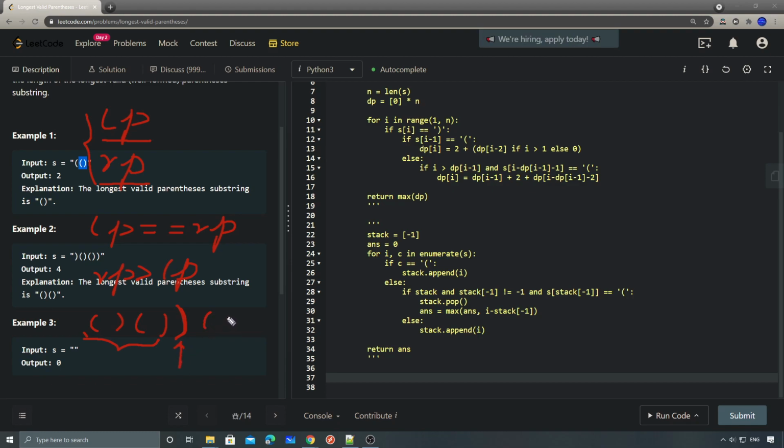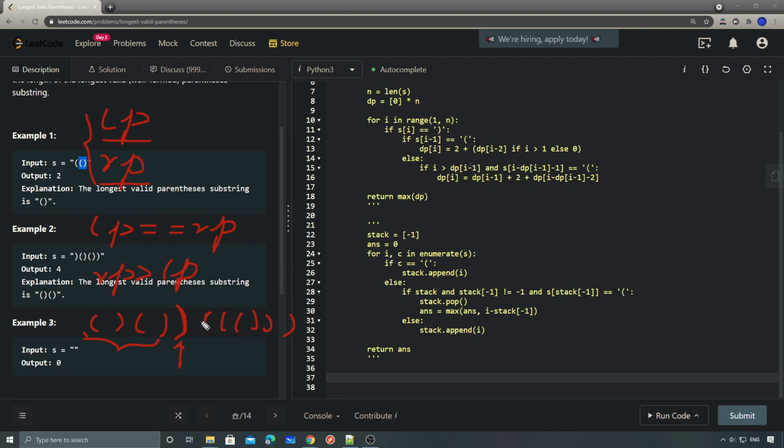From here onwards we have to reset the counters, because there might be another valid parenthesis after this one. And that's how we do the left to right loop.